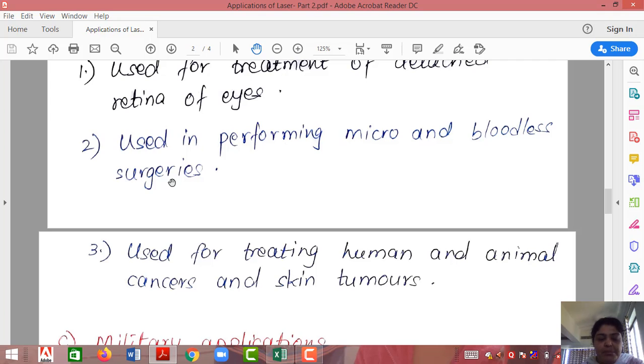I can give you an example of removal of kidney stone. A laser source through a tunnel or pipe is passed through the urethra. The stone is broken into powder or very tiny pieces, which are later removed. So in that case, no cut or scar on the body is made. Such is the use of laser in surgeries.